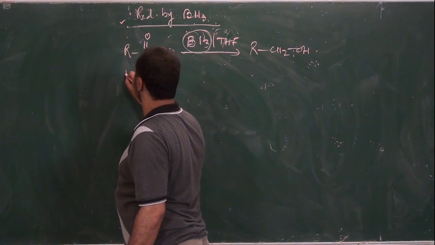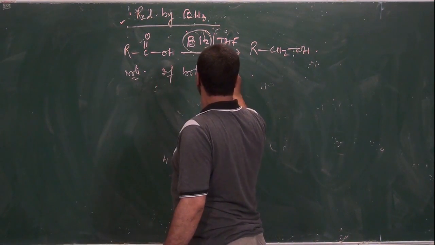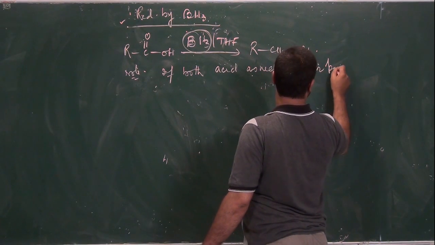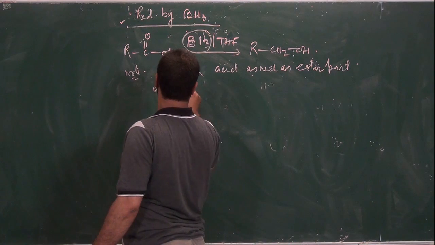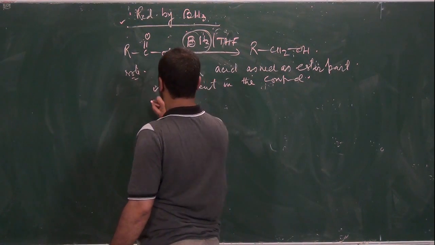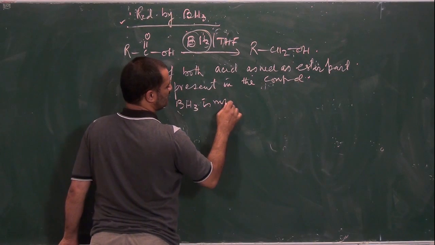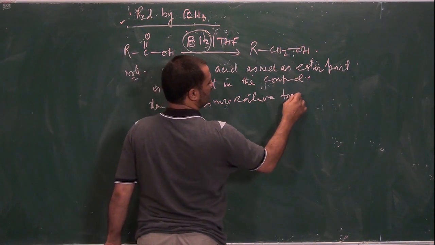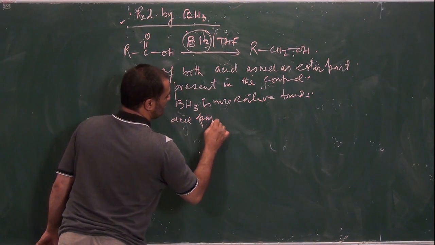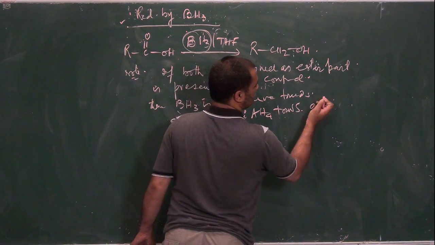Now a very, very important point, note: if both the acid part as well as the ester part are present in the compound, then BH3 is more reactive towards the acid part, and lithium aluminum hydride towards the ester part.